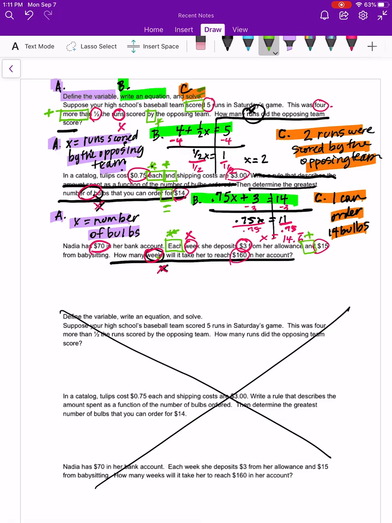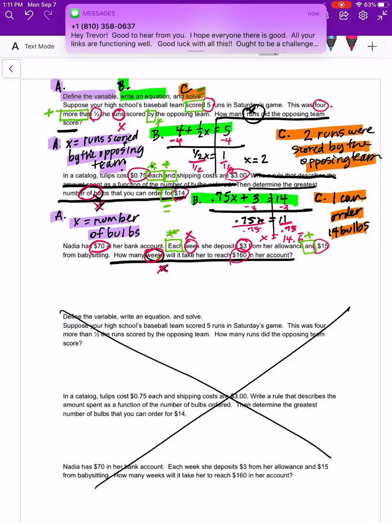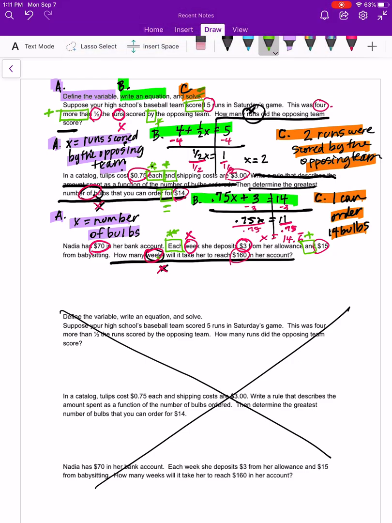So she does two things each week. She deposits $3 and $15. So what does that look like as far as an equation? Well, first, define your variable. So, A would be, X is referring to weeks or number of weeks.